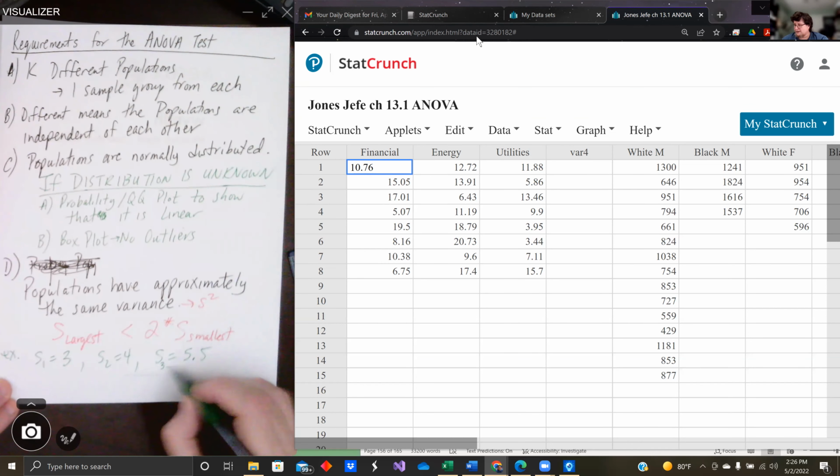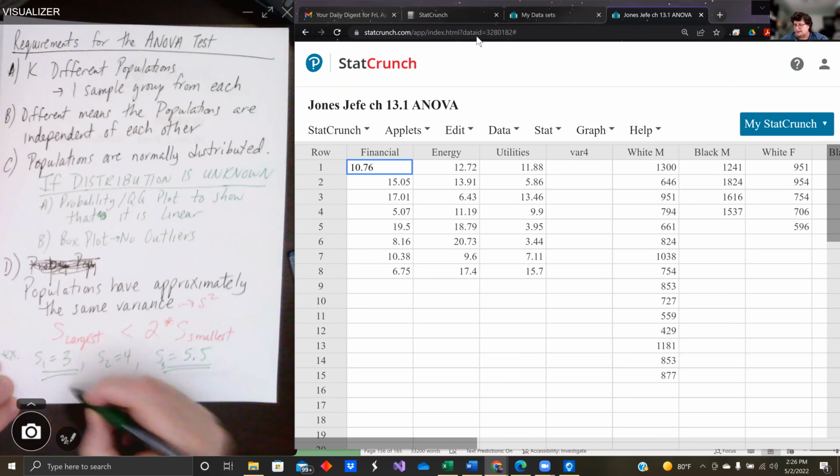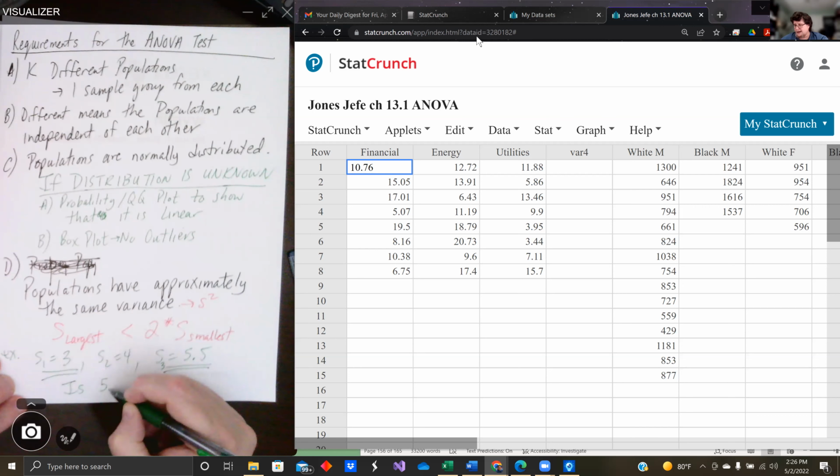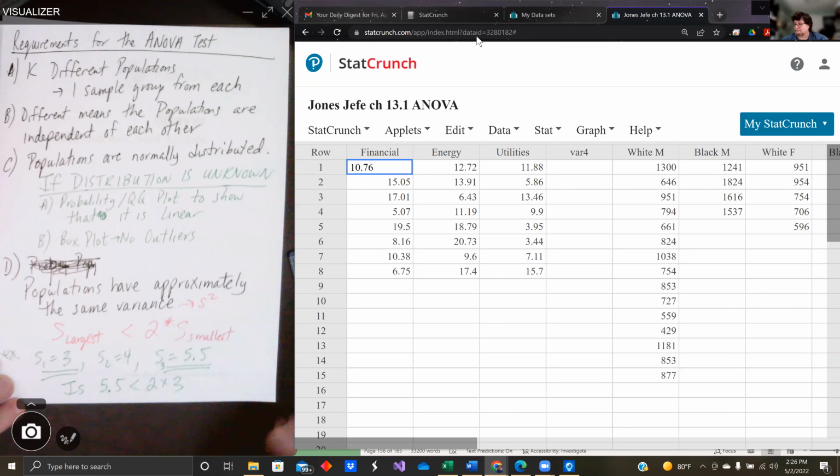This is the largest standard deviation at 5.5. This is the smallest. Is 5.5 less than 2 times 3? 5.5 is less than 6. We can use the test. Leave that up for a little bit.